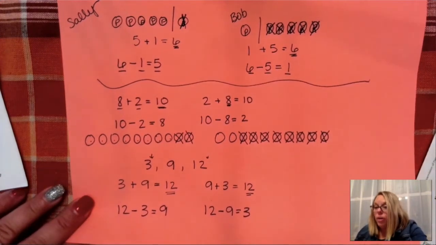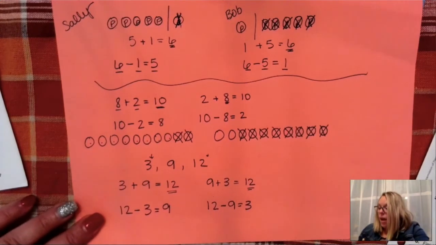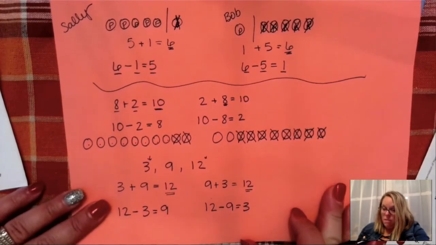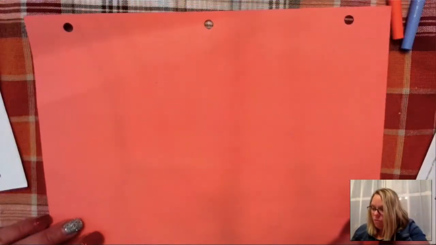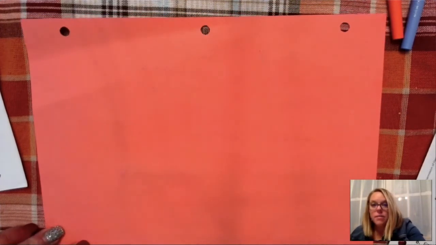Now, you're going to have a chance right now to practice your adding and subtracting fact families. So this sheet of paper, you need to make sure you have yours out. I'm going to use the back side. For me, you're going to use this front side and you're going to practice. So I would like you to please put your name on this.